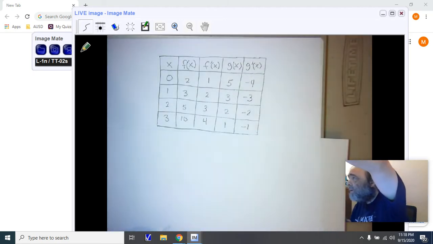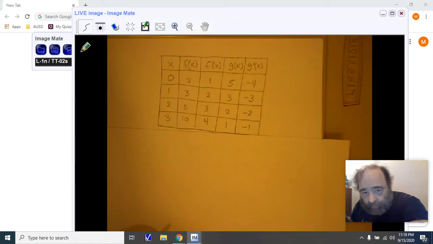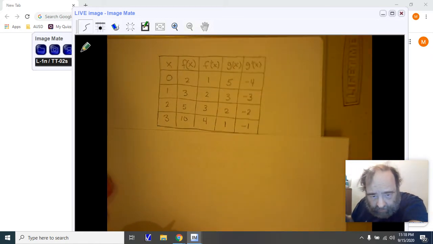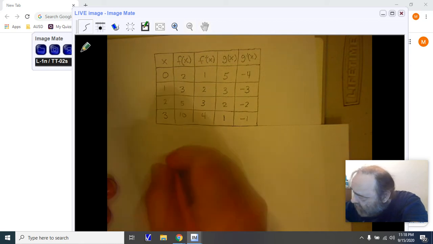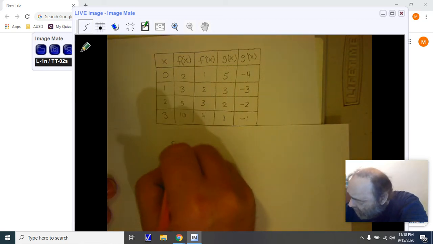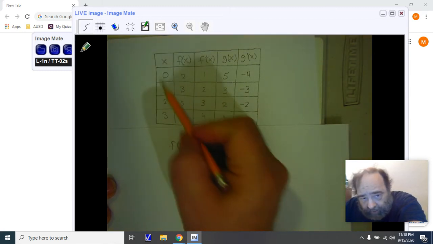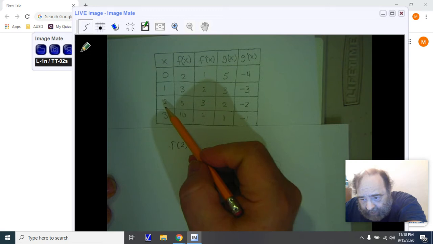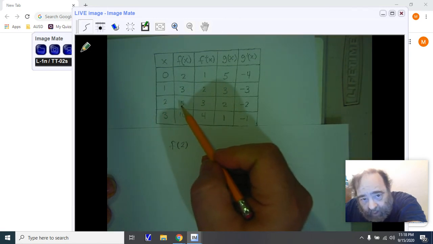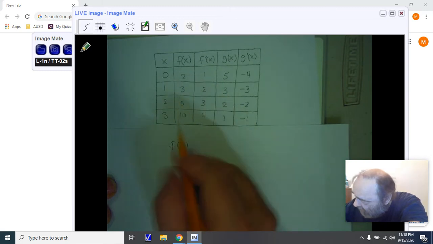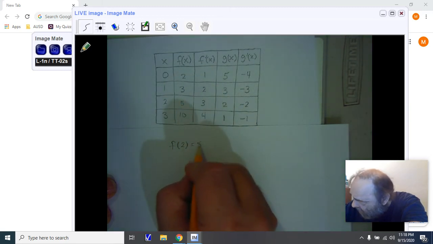I'm going to zoom in and just kind of turn off that light, and hopefully you see that a little better. So we're going to start by finding f of 2. To find f of 2, we're going to first begin by locating 2 along the x column. We then move to the f and we find the 5. F of 2 equals 5.